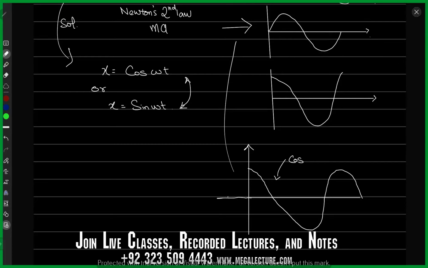Now I can pick any one of these solutions. For our purposes, let's just say that the solution that we'll stick with is x equals sine omega t. For some purposes, we also have to put a constant over here, and we'll call that constant x naught.